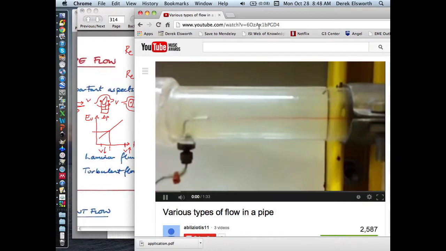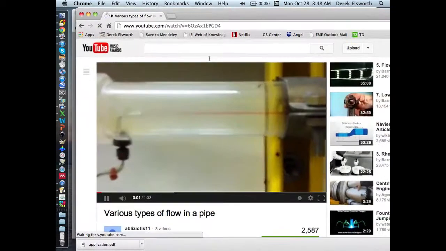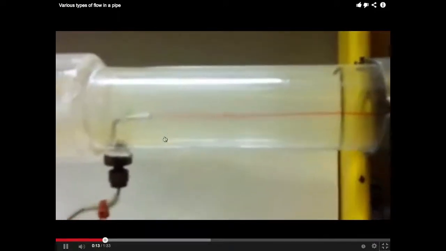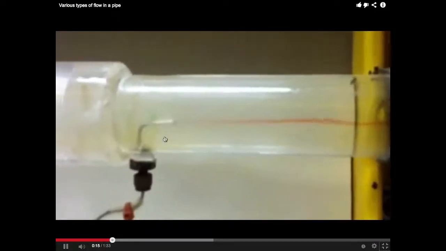So this is just looking at a plexiglass pipe, as you can see. Water's flowing along it. It's got a dye coming out of it right at this point here. And all that's happening is the velocity of the flow in the pipe is being increased. So instead of this nice laminar flow, all of a sudden as you get above some critical Reynolds number, you get some kind of undulation in the flow.